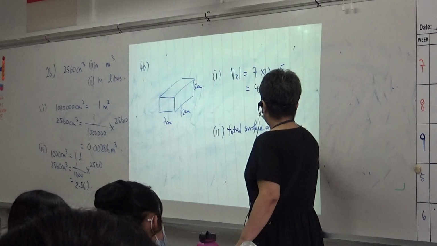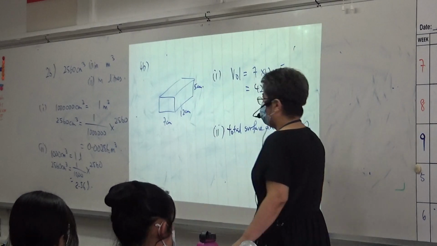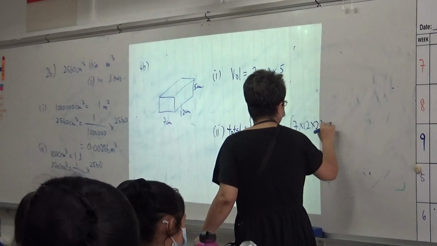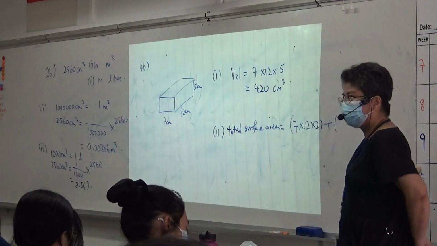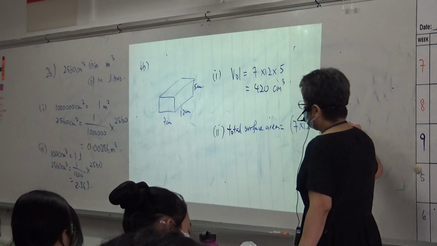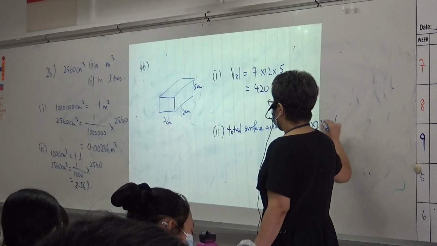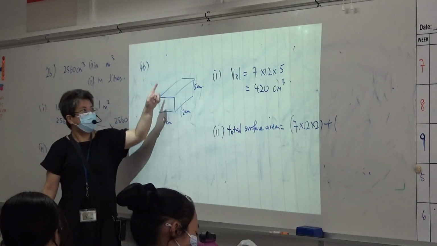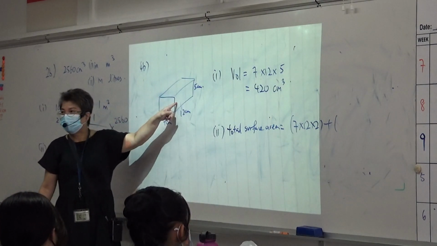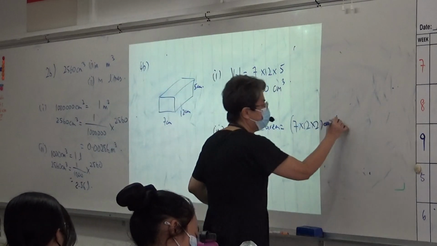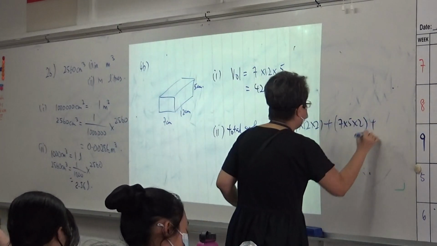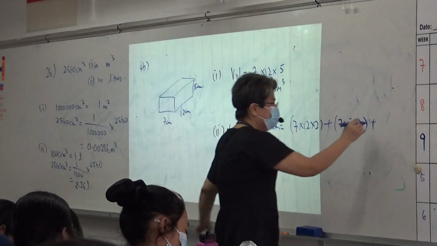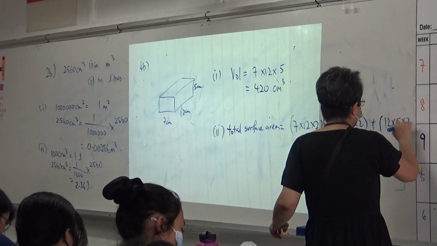Bottom is what? 7 times 12. I must times up 2. Next. 12 times up. Okay, bottom I've done already, right? If I want front back, what is it? 7 times 5. Good. If I want side, what do I have? Yes. 12 times 5 times 2.